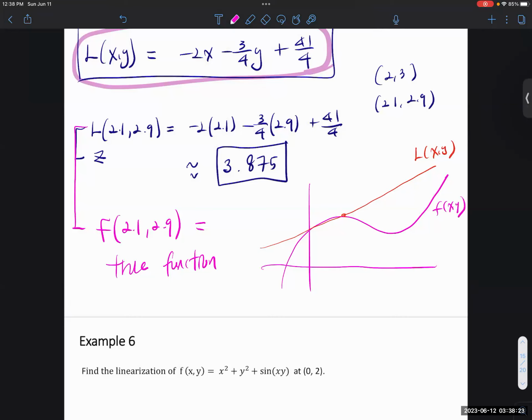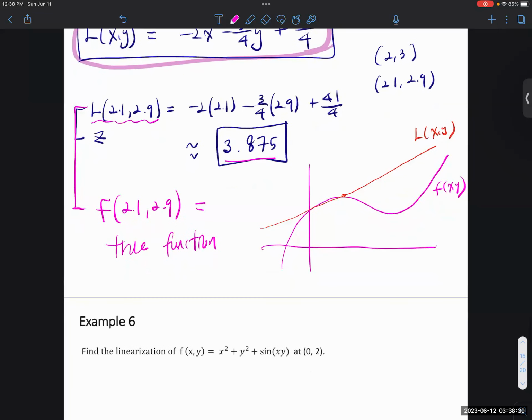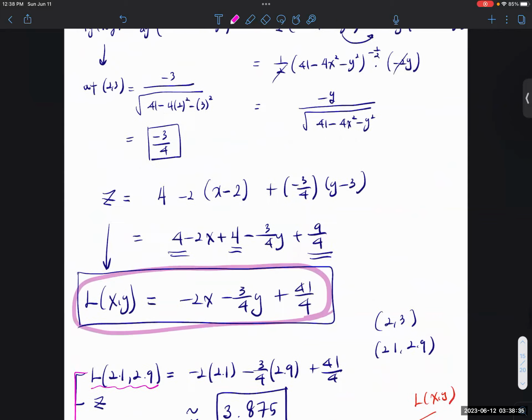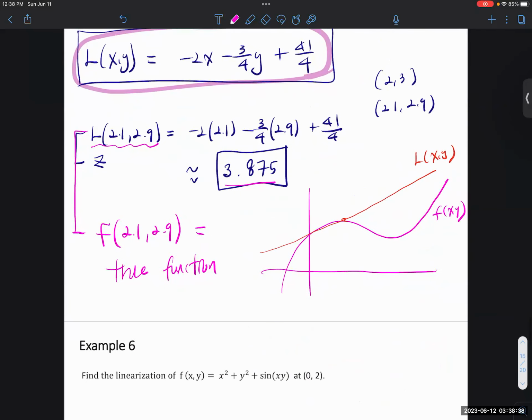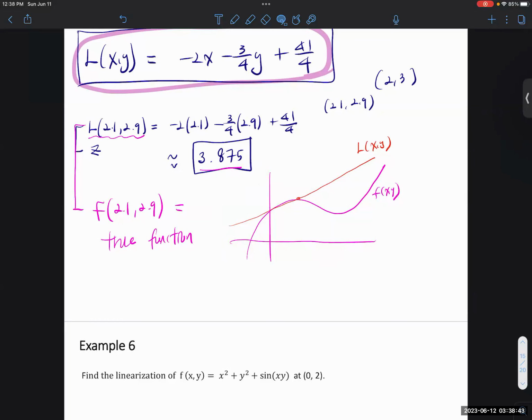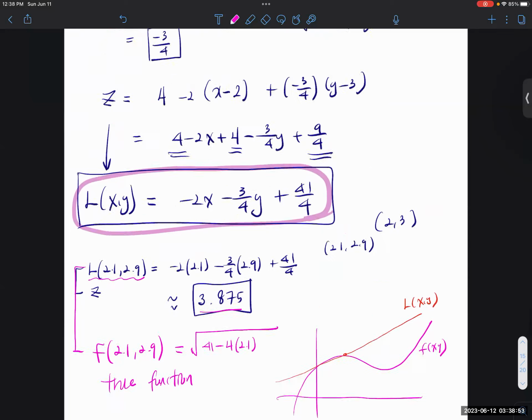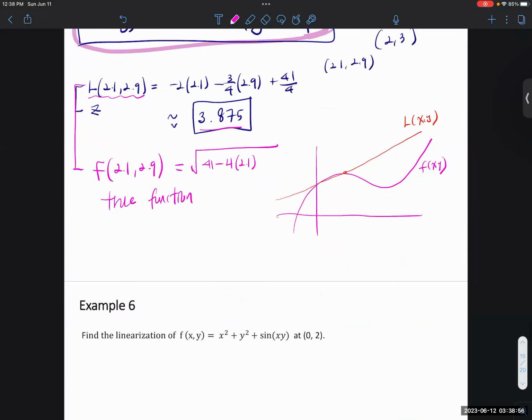You see the difference? When you plug 2.1 and 2.9 into the linear approximation, we got 3.875. And let me plug 2.1 and 2.9 into the function that they gave us, which is this one. So here, radical 41 minus 4 times 2.1 to the second power, minus 2.9 to the second power.